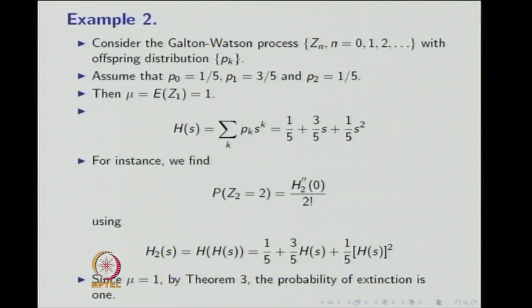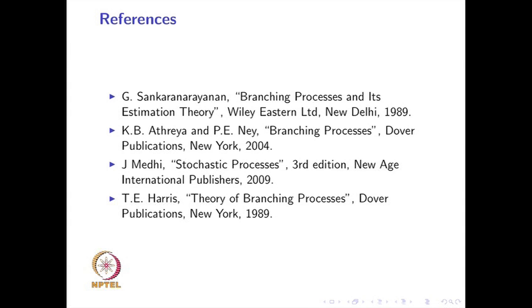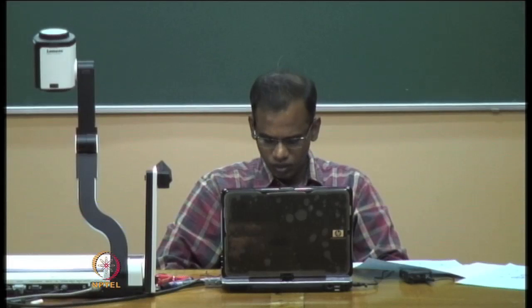So, in this lecture we have covered the definition and the examples of a branching process. In particular, we have discussed the Galton-Watson discrete branching process. We have discussed the probability generating function of Zn.